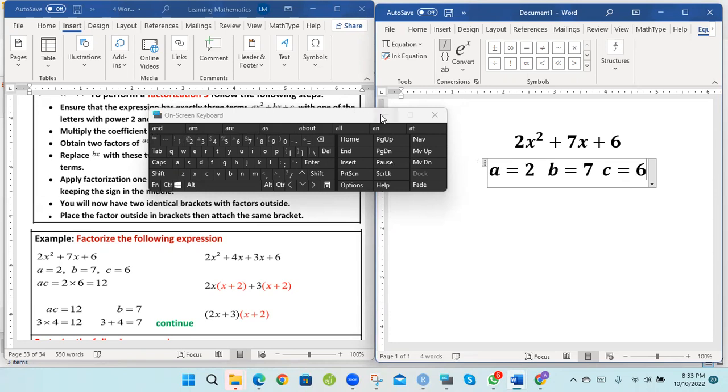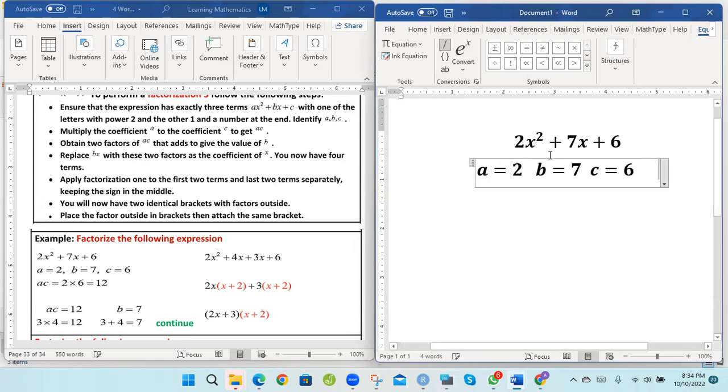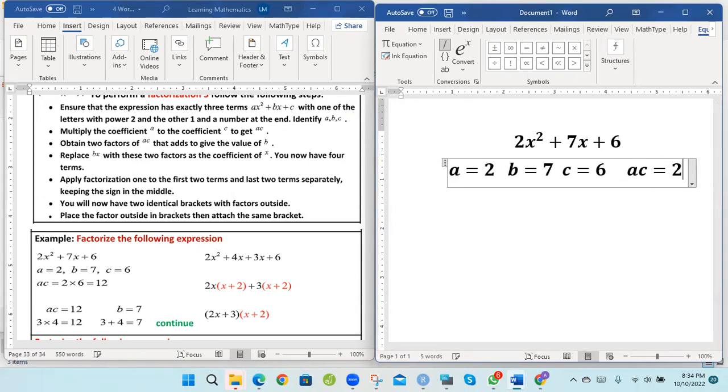So now we have to multiply a times c. We're going to get ac. ac is 2 times 6, which is equal to 12.